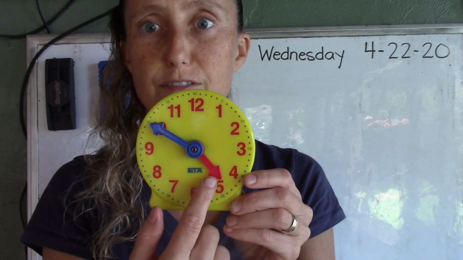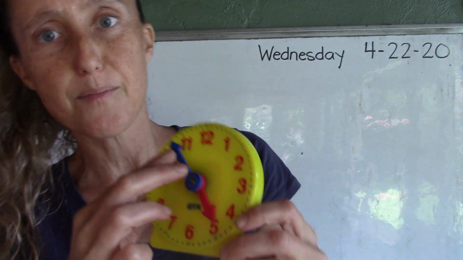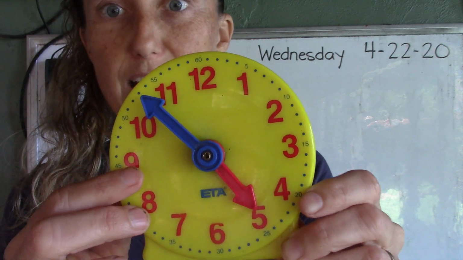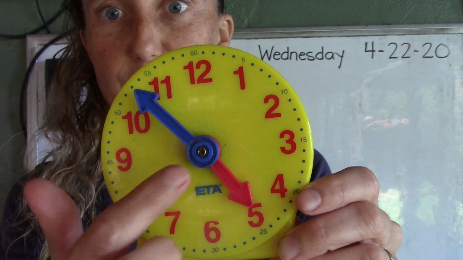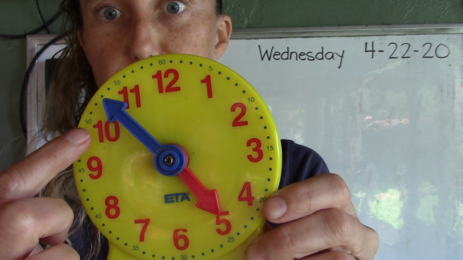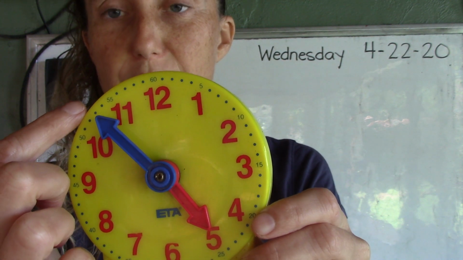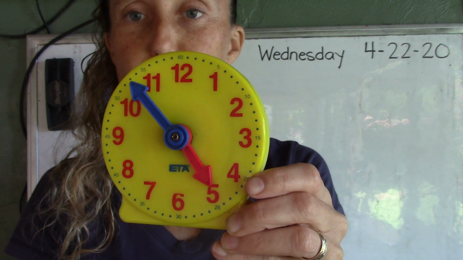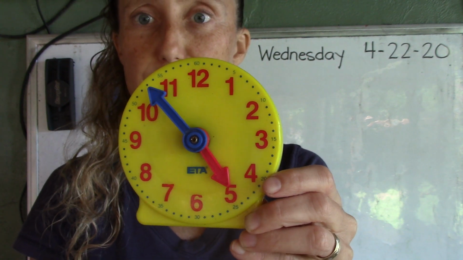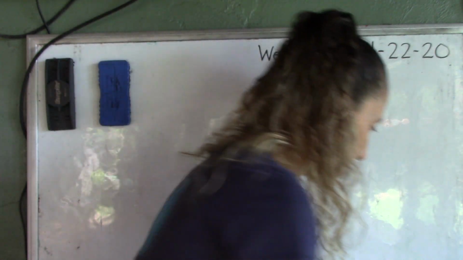So right now it is 4:50, but what happens if I move it up? Do you see those little tiny dots on there? So it's 50, but each dot is worth 1 more. So 50, 51, 52, 53. So it is currently 4:53. Isn't time fun? I love time.